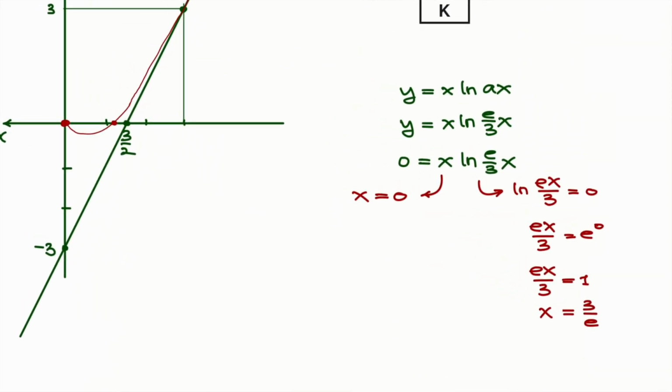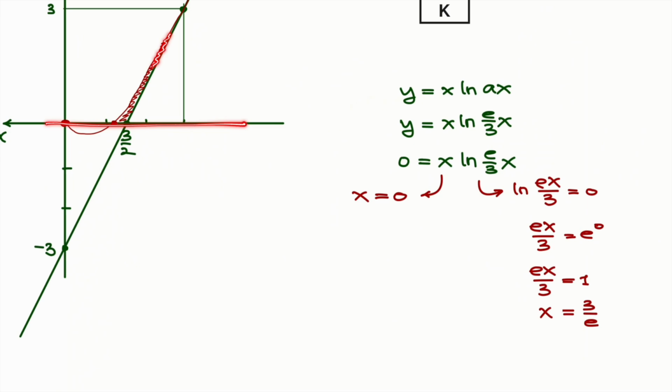So the area that we want to find is the area of this region, which is bounded by the first graph, the second graph, and the x-axis.